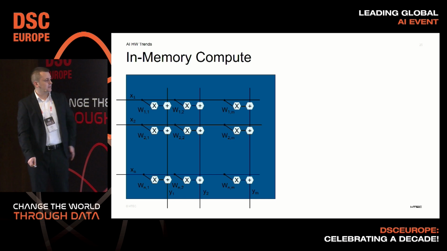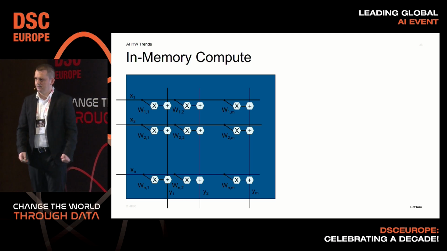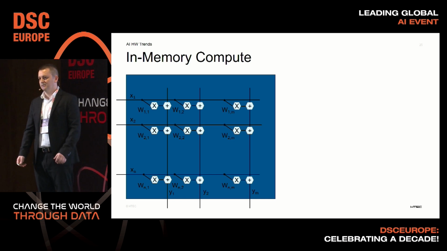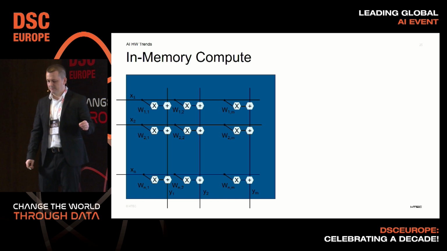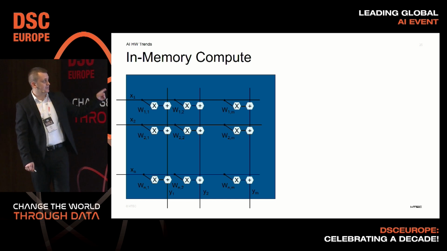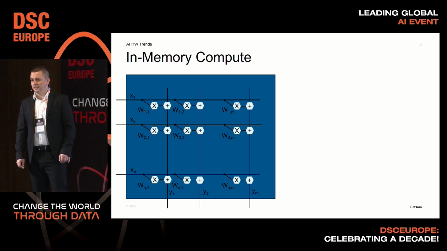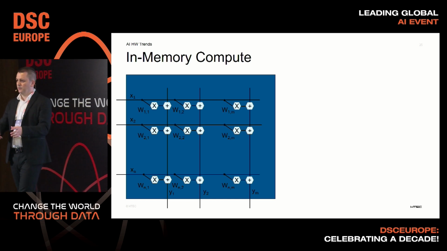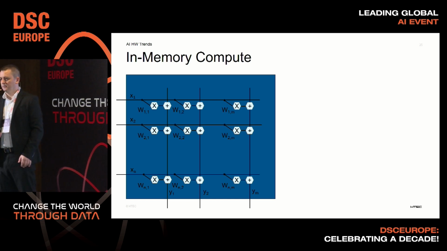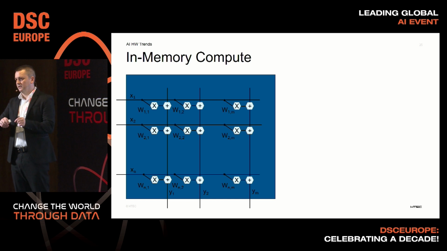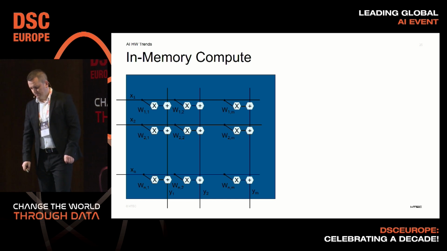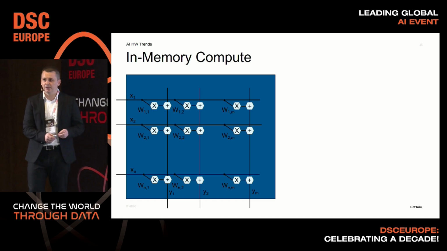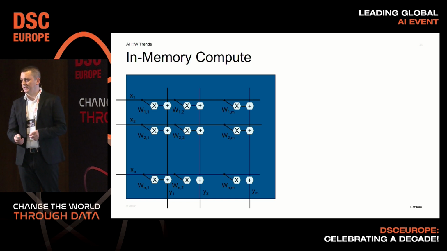So one thing that popped up in the last several years, and I would say in the last year is maybe more important, is this in-memory compute. Let's say that we have some memory units, we put weights over there, and we just add some tiny hardware there that can perform multiplication and addition.